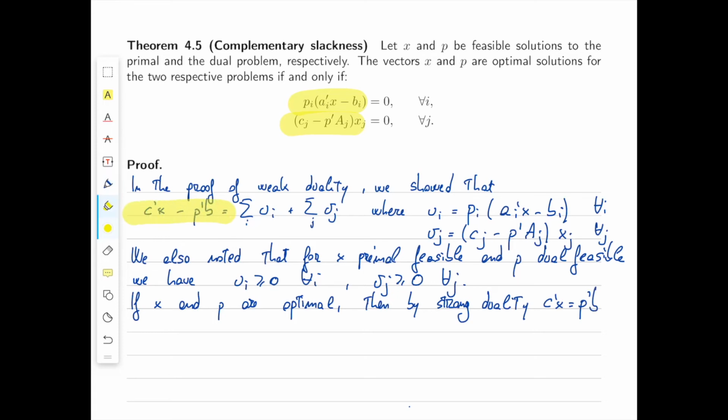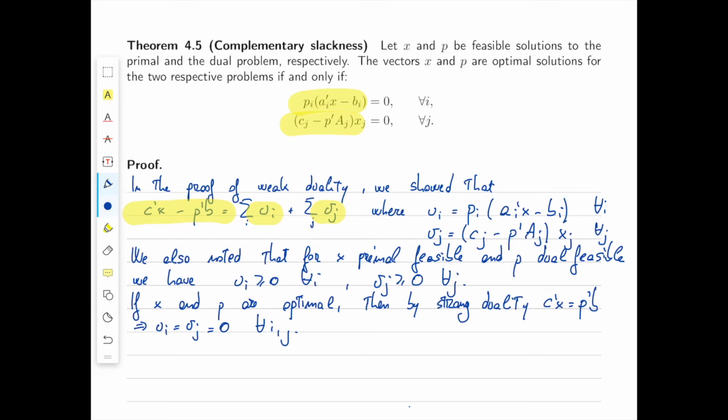So the difference here is equal to 0, and since all the ui's and the vj's are greater than or equal to 0, this implies that all the ui's and all the vj's are 0. Then ui equal to vj equal to 0 for all i, j. So we have shown the implication left to right in the statement.